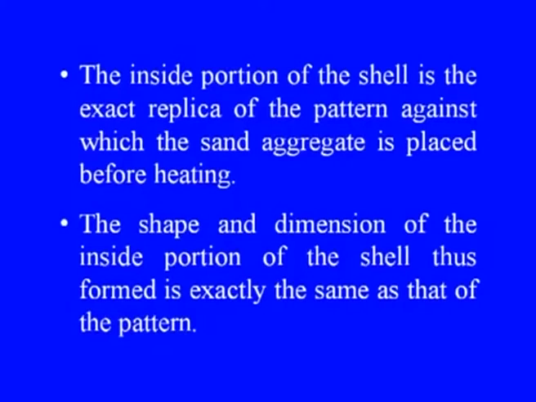The inside portion of the cell is the exact replica of the pattern against which the sand aggregate is placed before heating. The shape and dimension of the inside portion of the cell thus formed is exactly the same as that of the pattern.